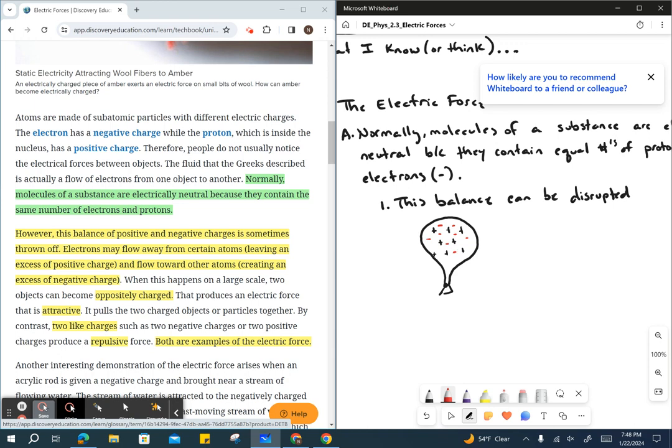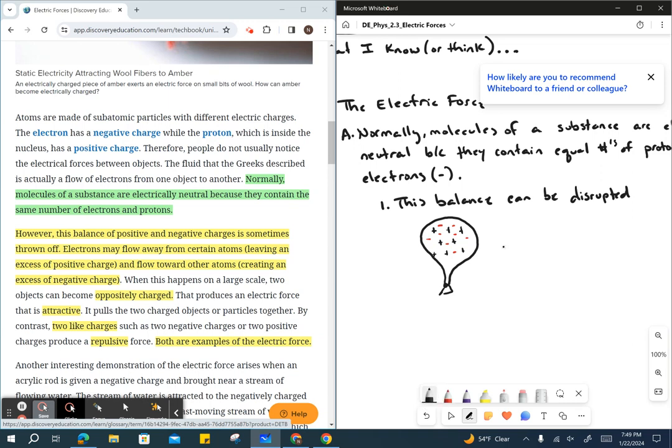Okay. Well, what happens if all the electrons move to one side? Like when you took and rubbed a person's head.